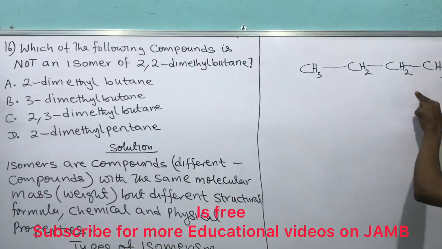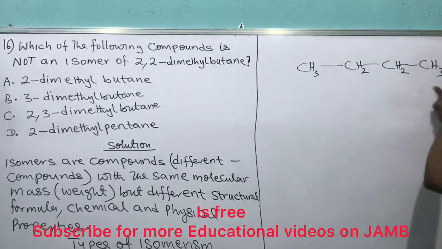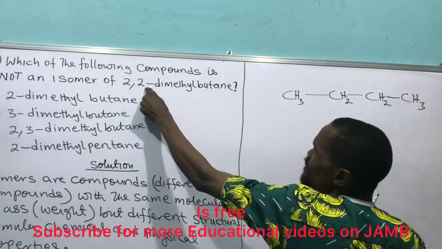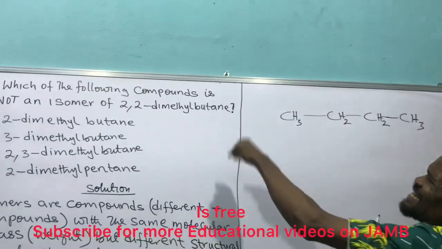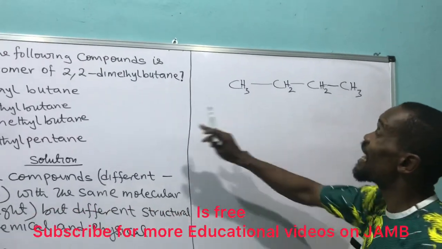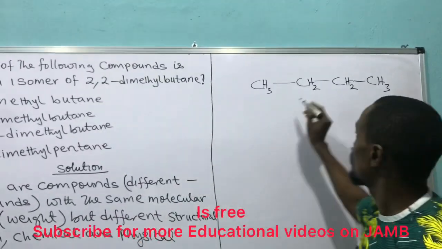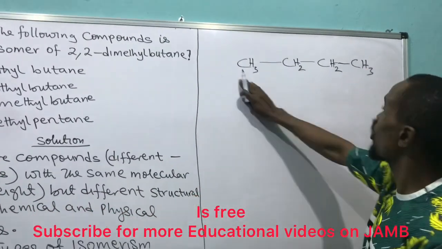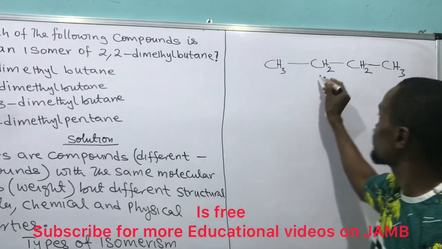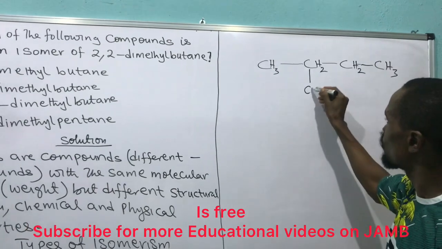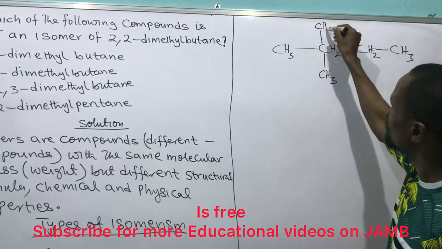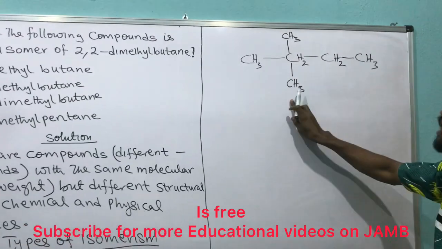Look at the word butane. I've written butane. But they told me that 2,2 means the carbon carrying the methyl is at carbon number 2. You can decide which side you want to start from. 2,2 means carbon 2 carries a methyl, and another methyl is on carbon 2 again.